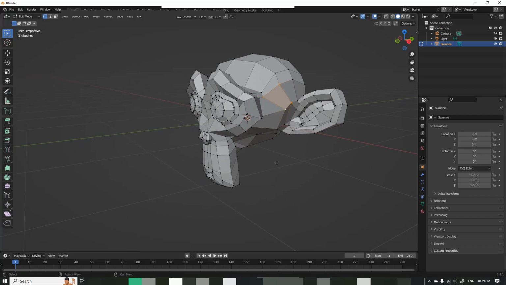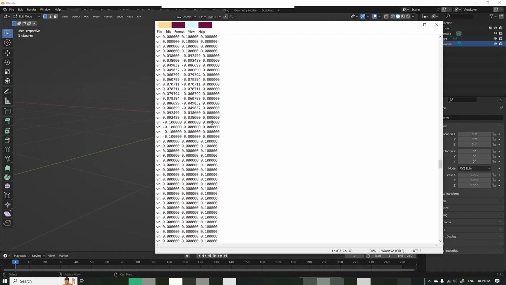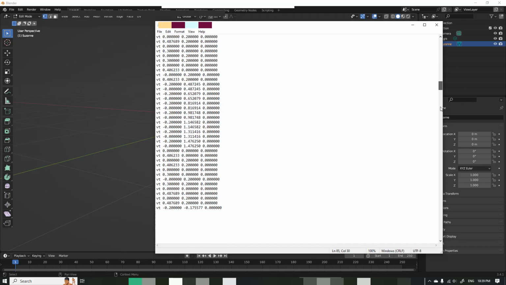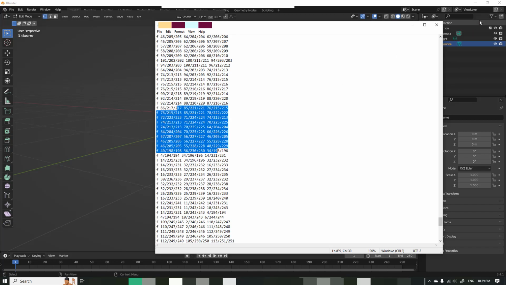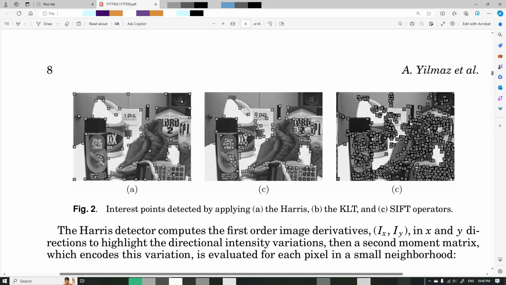Those are in a file as the vertex coordinates, and how the faces are constructed from the vertices. So that's what we're dealing with. And how do we map the detected points to the 3D model? Well, the 3D model can range from a few thousand vertices to a million, depending on how smooth and detailed the model is.